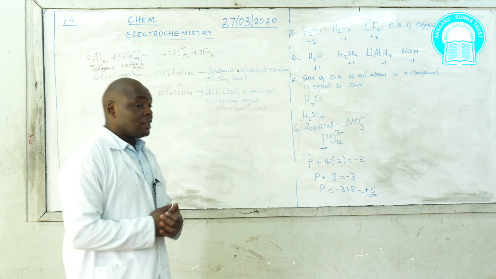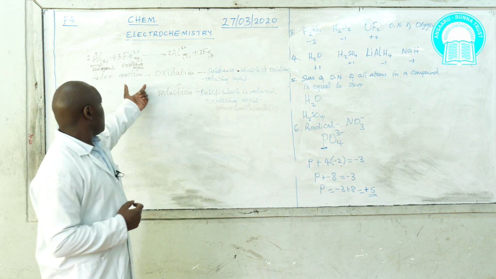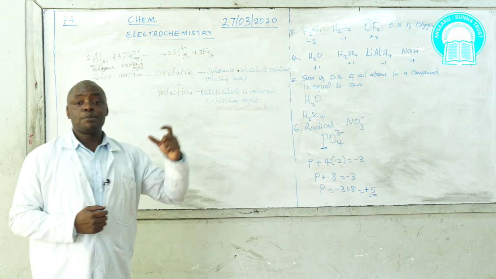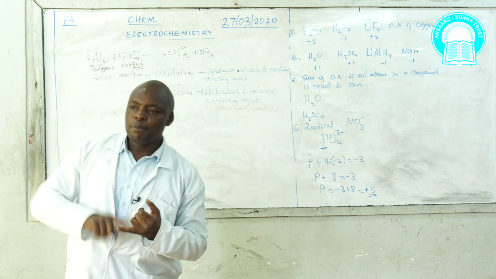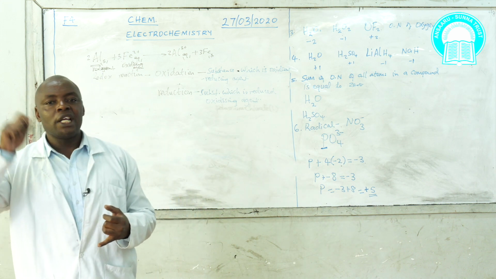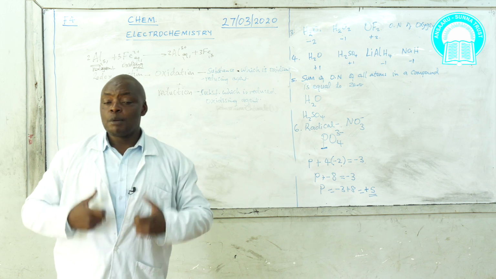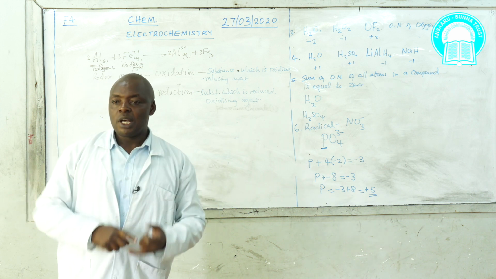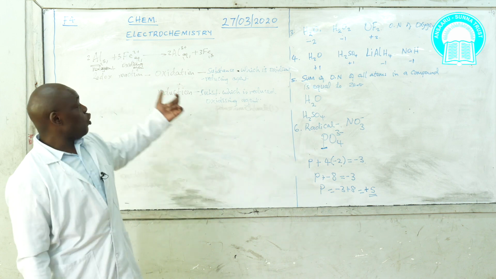In a redox reaction, the substance that is oxidized is the reducing agent. In other words, the substance whose oxidation number increases is the reducing agent. The substance that is reduced, whose oxidation number decreases, is the oxidizing agent.